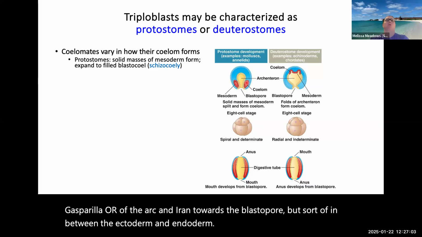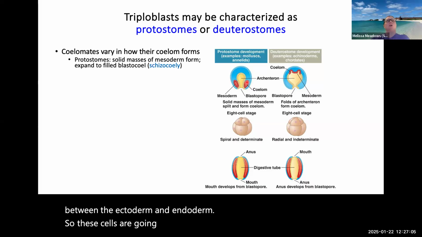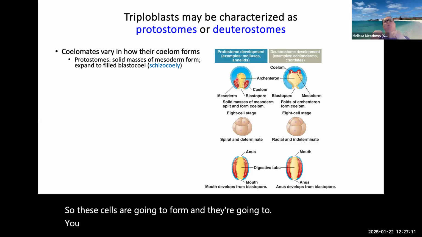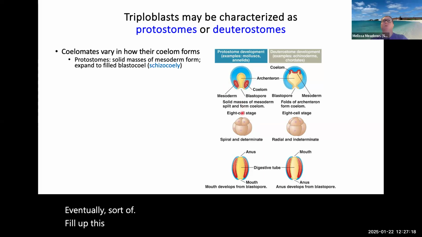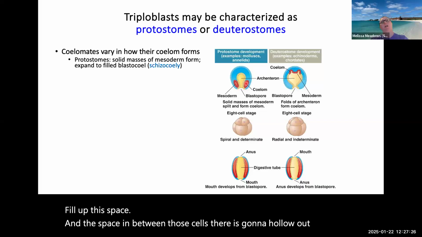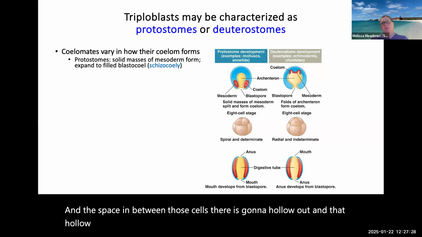So these cells are going to form and eventually sort of fill up this space. And the space in between those cells is going to hollow out, and that hollow area is going to become the coelom. Okay.